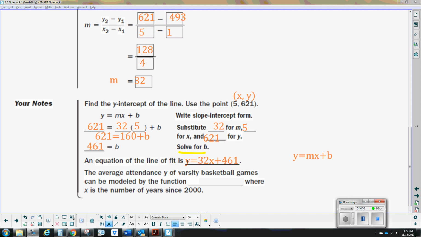So the equation of this line is the model I'm going to use to predict the average attendance for varsity basketball games in the future. So I can use the function y equals 32x plus 461, where x is the number of years since 2000.